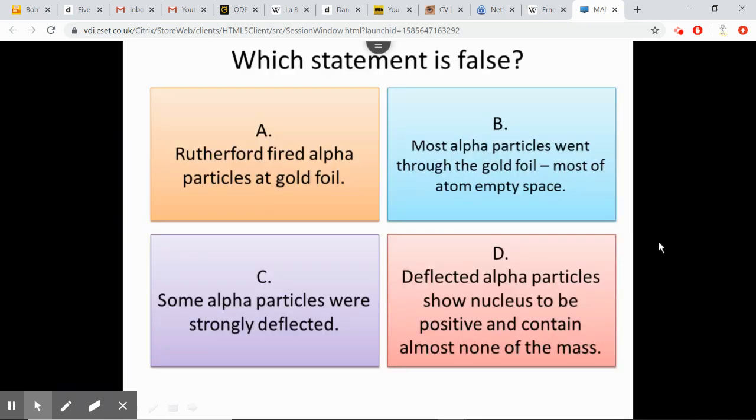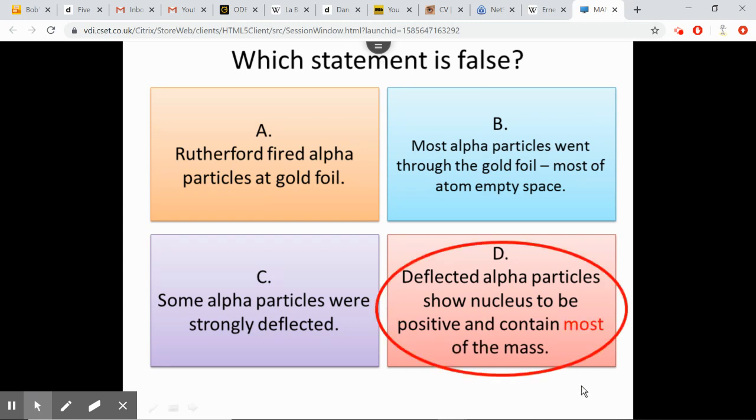Okay, again, I would like you to have a read of the questions, think about which answer is actually wrong, and all of the others will be facts. Pause the video and decide which statement is false. Okay, what's the answer then? B is false. So A, Rutherford fired alpha particles at gold foil, absolutely true.